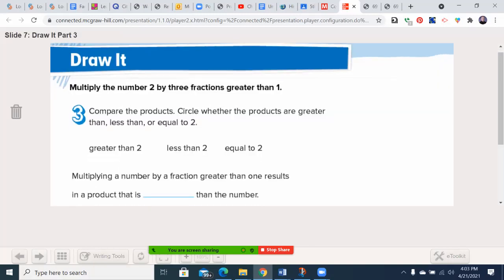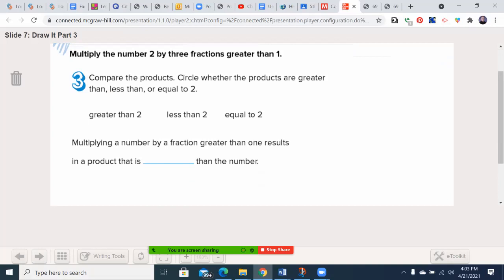Now we're going to multiply the number 2 by 3 fractions greater than 1. Compare the products. Circle whether the products are greater than, less than, or equal to 2.